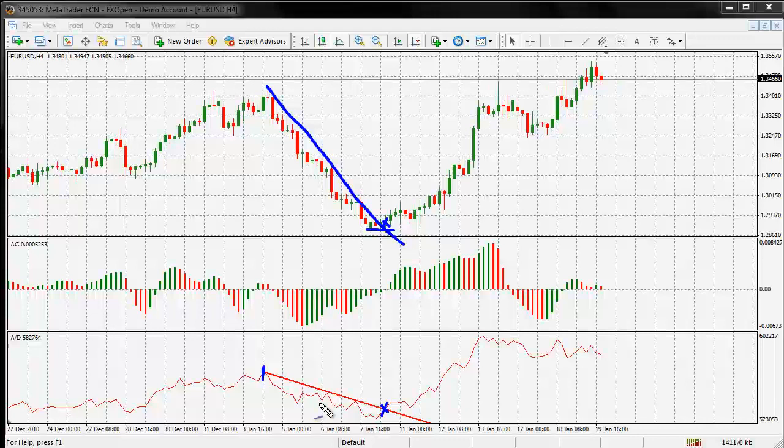Very, very important: find the trend, find the signal, find the confirmation. We found the trend; it's down at the moment. Find the signal. There's the signal, the breakout.